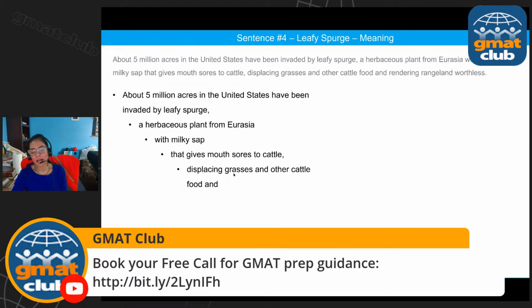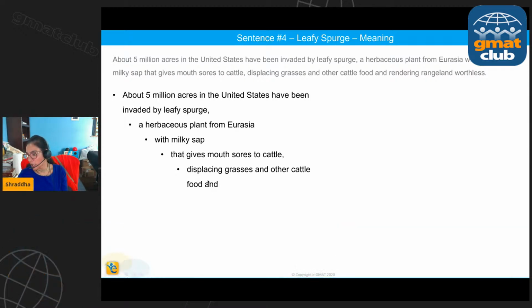Now, if I were to ask you this quick question, do you think that this meaning is logical? This cause and effect is logical in the sentence? That because milky sap gives mouth sores to cattle, as a result, it displaces grasses and other cattle food?